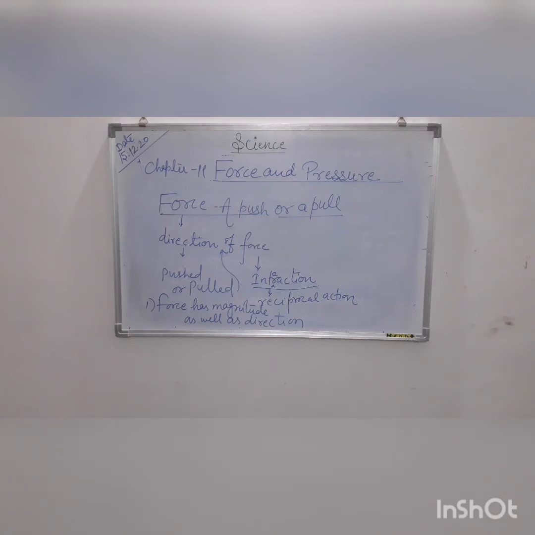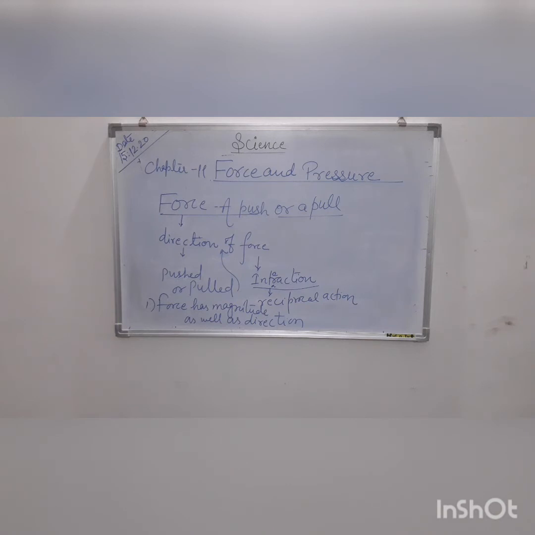And if by chance the sharp heel of a woman's shoes falls on our foot, it hurts our foot too much and produces a lot of pain. Why? We say that the force of the woman's weight produces a large pressure on our foot because all her weight falls on a small area of the pencil heel, and that falls on our foot and causes a lot of pain.